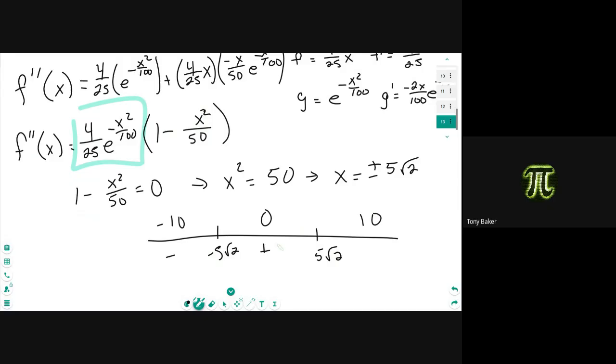That's positive. And if I plug in 10, I get 1 minus 2, which is negative 1. Because again, I don't have to worry about that first part. That's always going to be positive. So all I'm looking at is what sign that is.